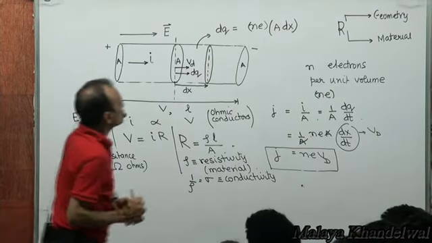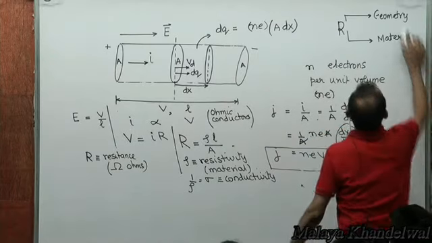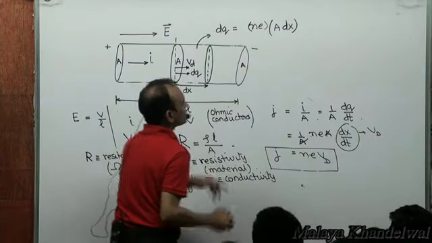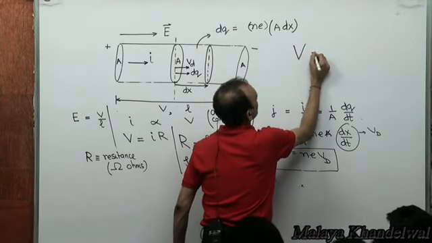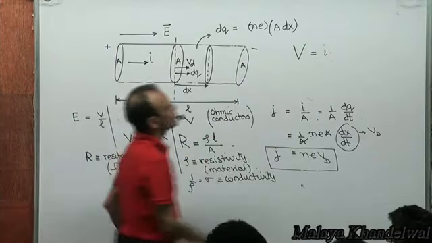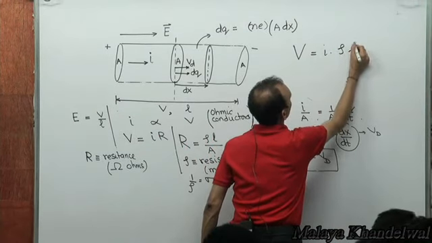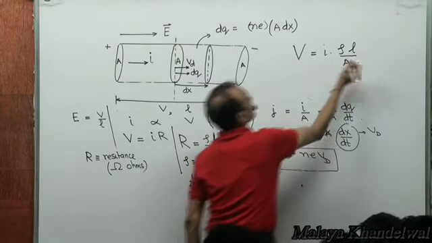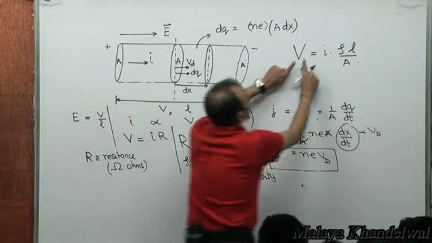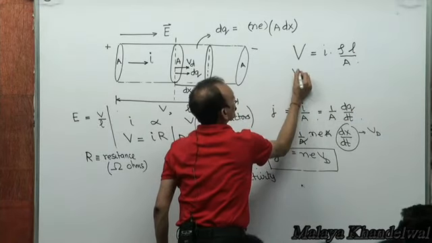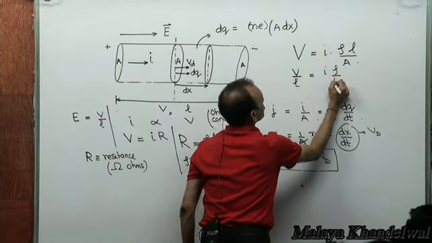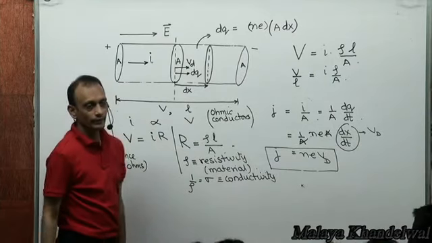Right? So now, V is I into R. This R I can write as rho L by A. So V by L is I rho by A, right?